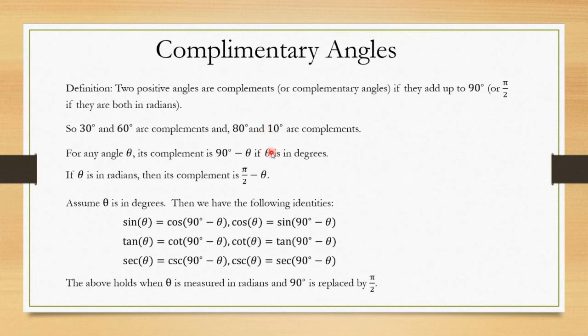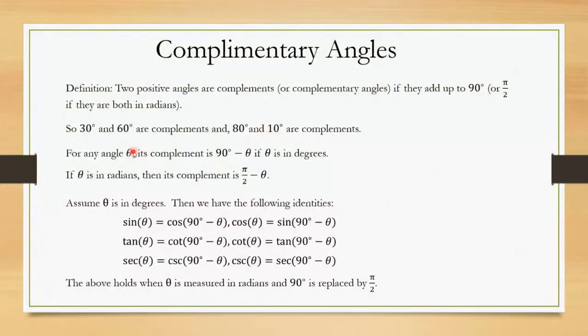In fact, if you take any positive angle theta, I know I didn't write down that this should be positive, but again, it's in the definition, the complement of it is 90 degrees minus theta, if theta is in degrees.